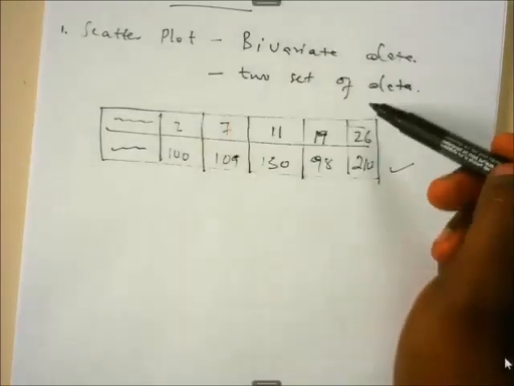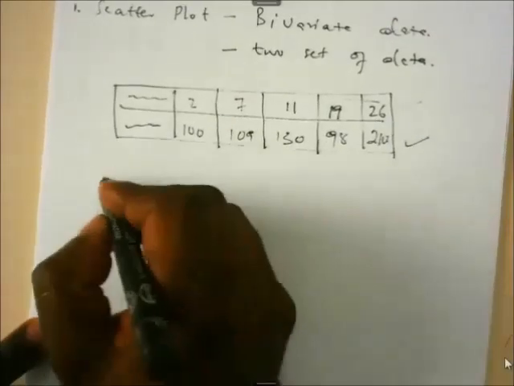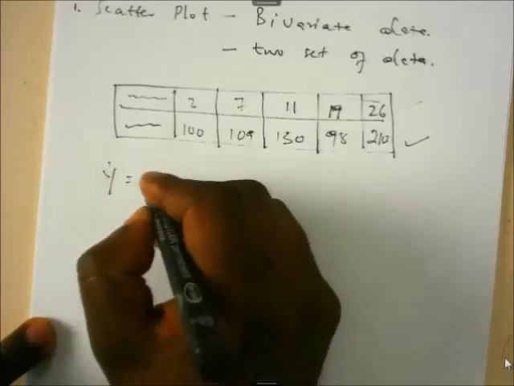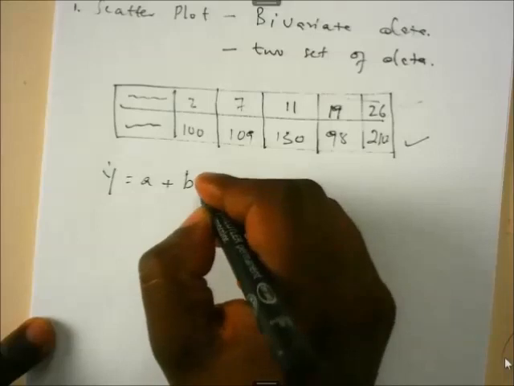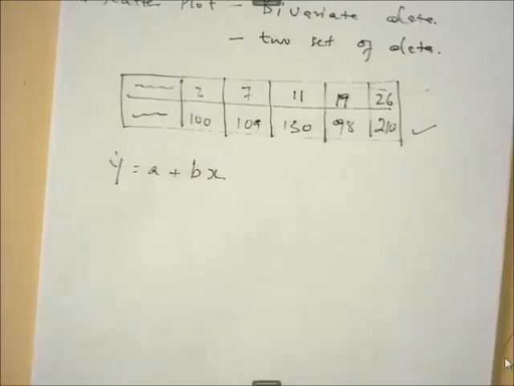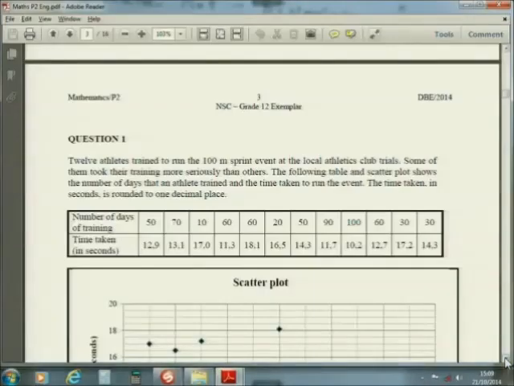Once you have drawn the scatter plot, some questions will want the equation of the regression line, the least squares regression line, and the equation for that is y equals a plus bx.